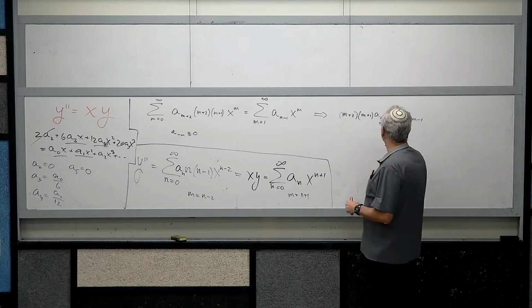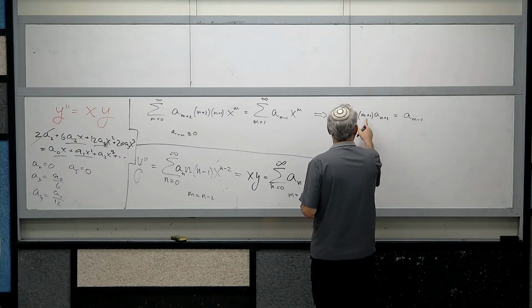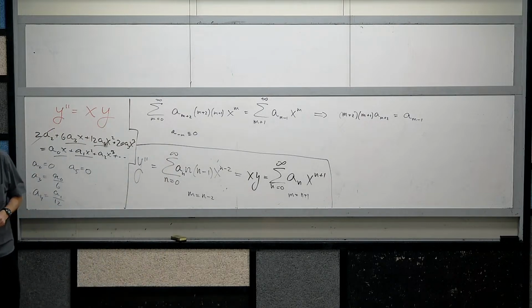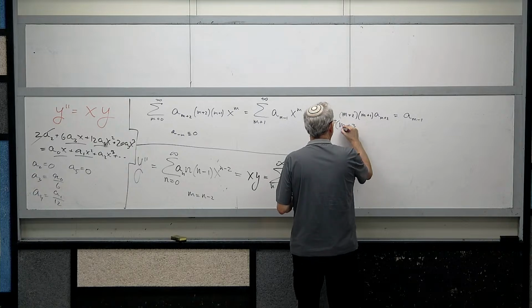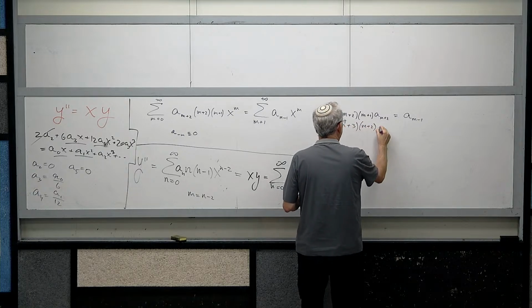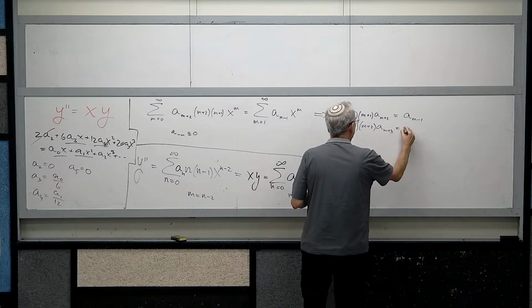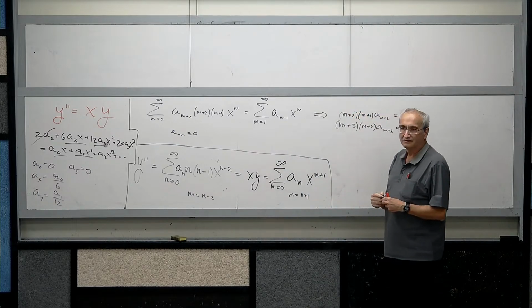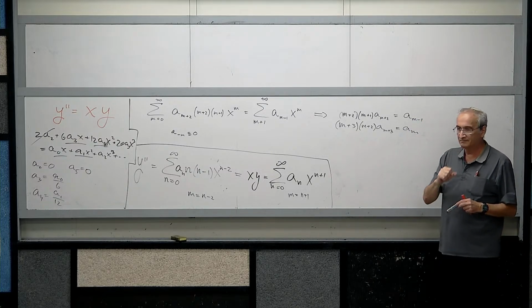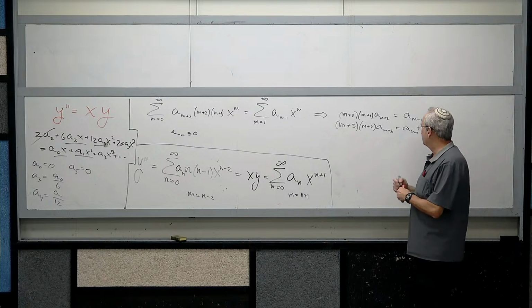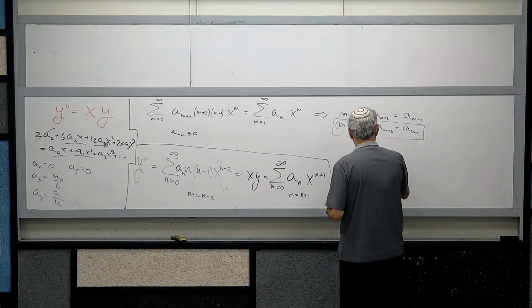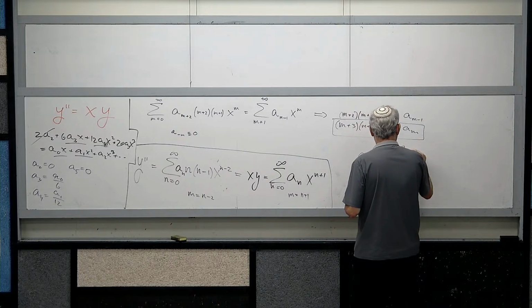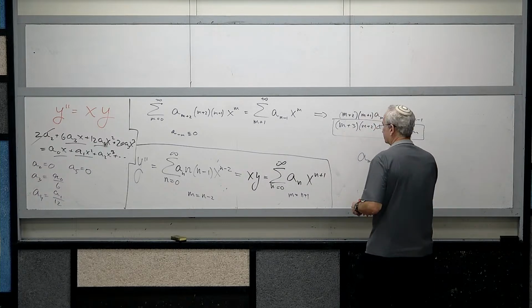Or maybe a better way to write that is (m+3) times (m+2) times a_(m+3) equals a_m. This is just changing the name of the index. Now, what does that mean? This is the recursion relation, because it tells us that a_(m+3) is equal to a_m divided by (m+3) times (m+2).